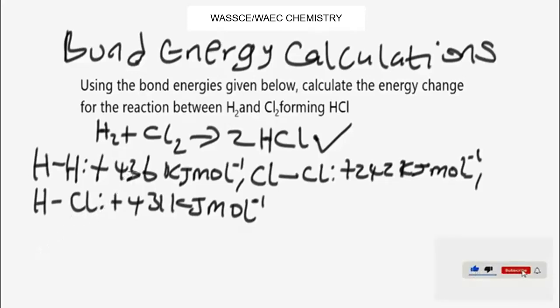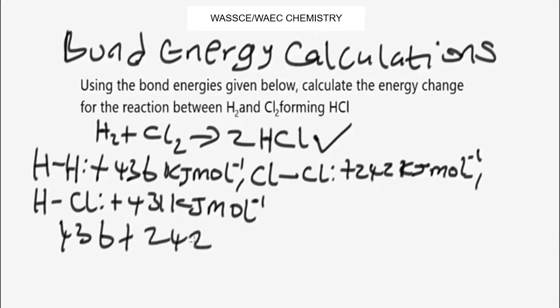So we have hydrogen molecule to be 436, plus that of chlorine molecule, which is 242. So when you add the two together, you're going to have the output to be 678 kilojoule per mole.